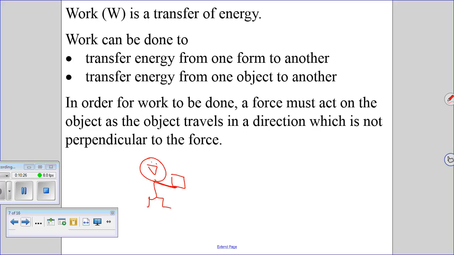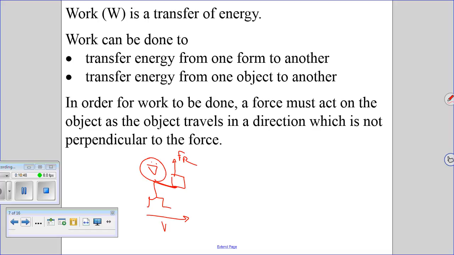Okay, here's a person carrying a cake. They're walking this way at a constant velocity. Which way is the person pushing the cake? Upward, right? There's no force left or right, correct? Because our velocity is constant, or at least no net force, I guess we could say. So here's the force of Roy.